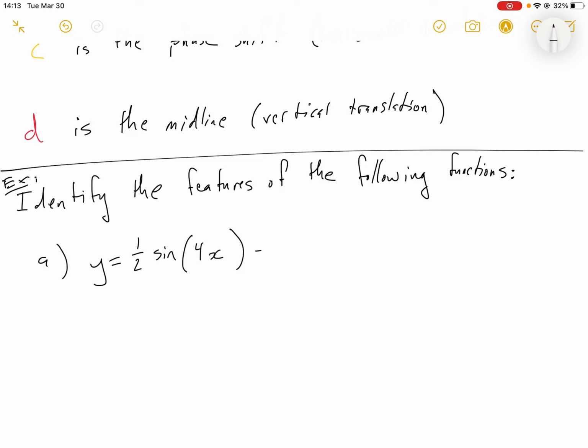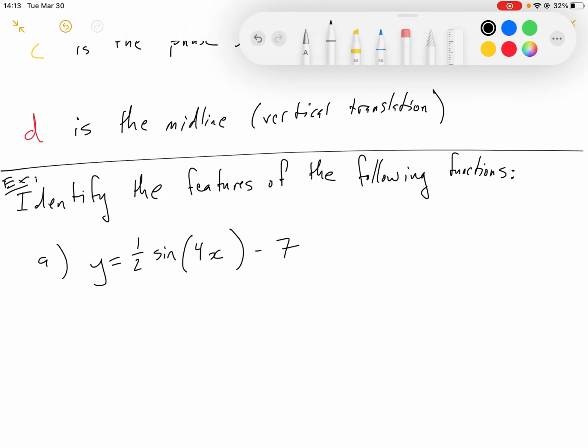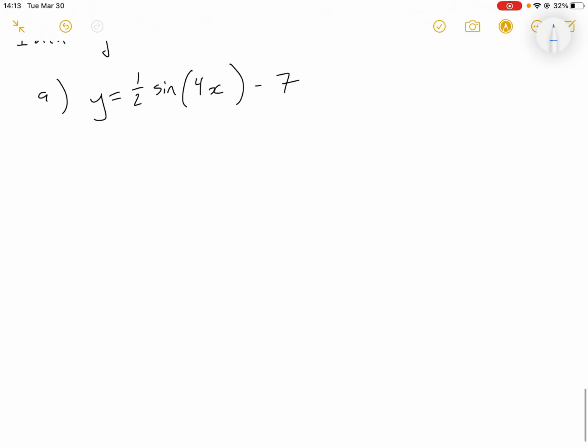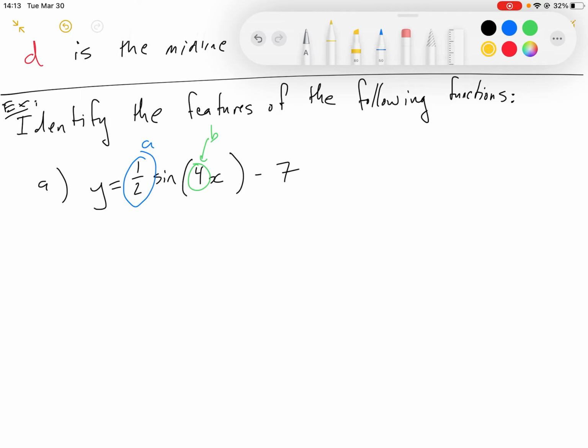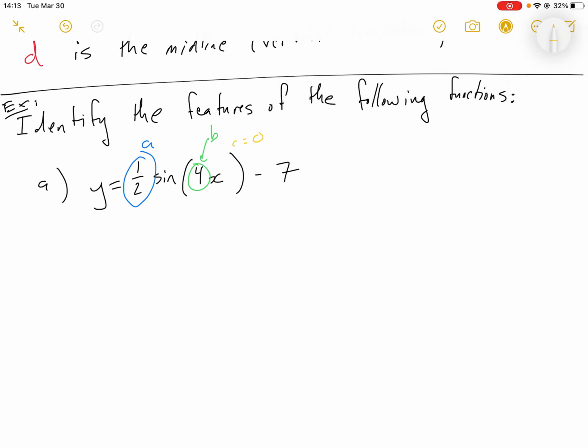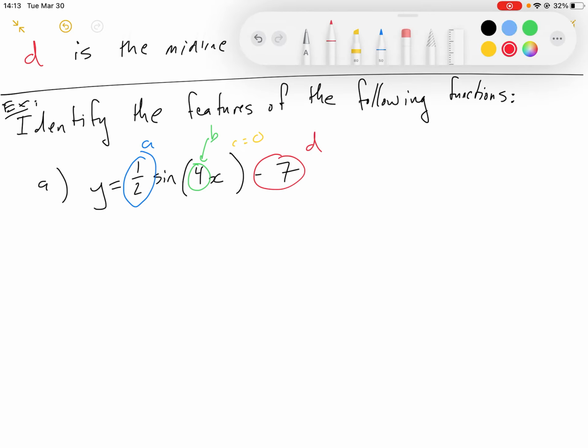All right, so let's start off by identifying the numbers that are changing stuff. That is the A. Then this 4 is going to be B. C is just 0, so there's no phase shift. And then finally this -7 is D.